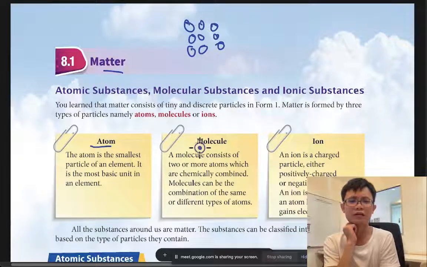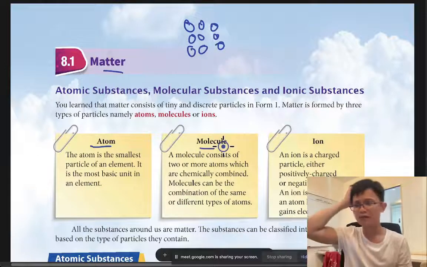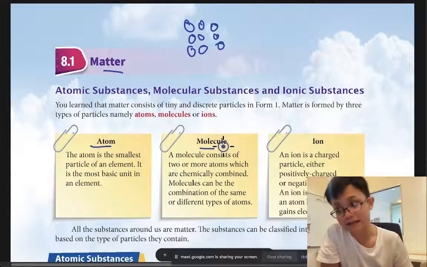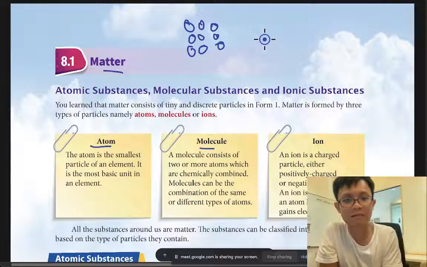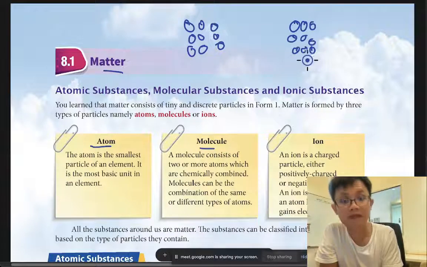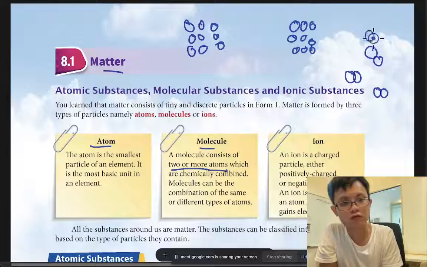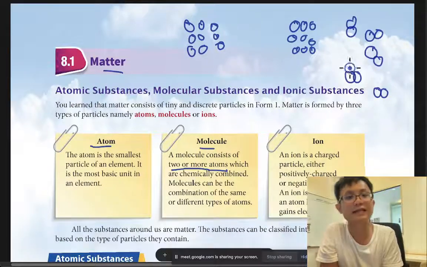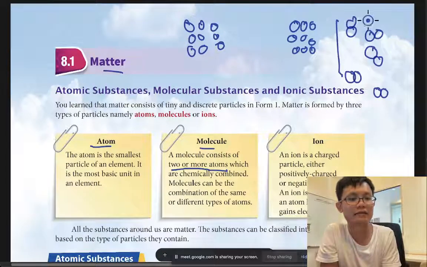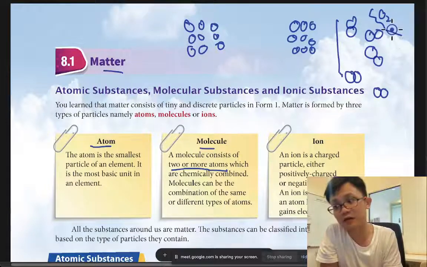So what is molecule? Because people also confuse molecule and atom. Actually is the same because molecule also have the round thing. It's the same, but it consists of 2 or more atoms. Means it combine 2, for example. So this is called the, let's say I put this as the molecule oxygen gas. Oxygen gas is a molecule.